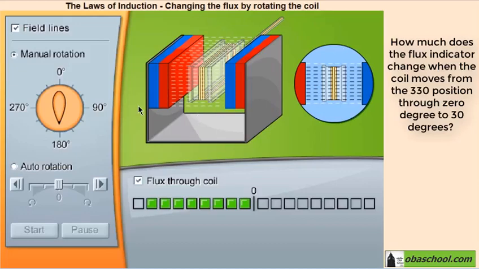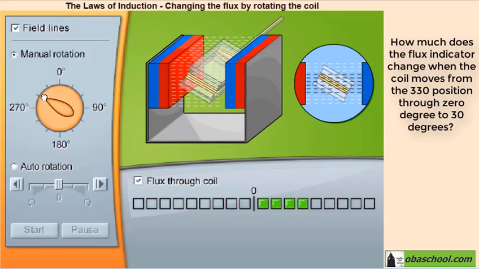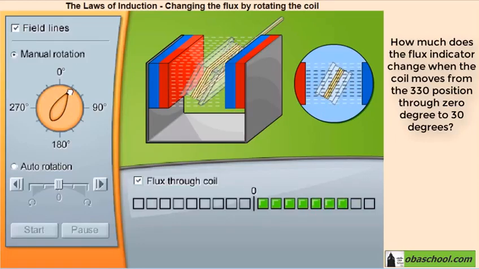Let's check it. So from 330 to 0 to 30. So it changes from 7 squares to the right to 8 and back to 7.